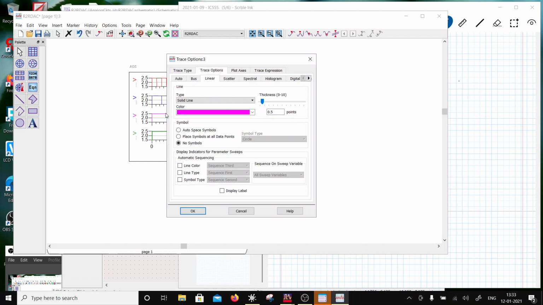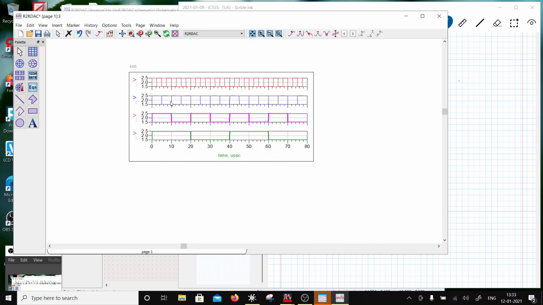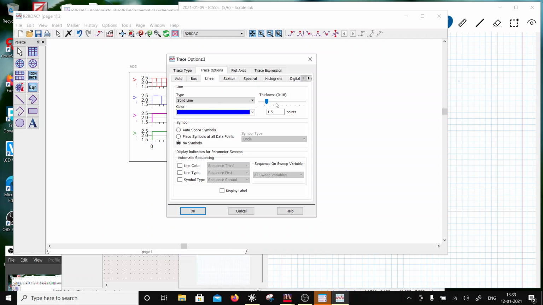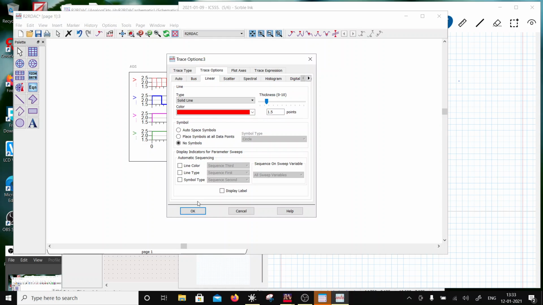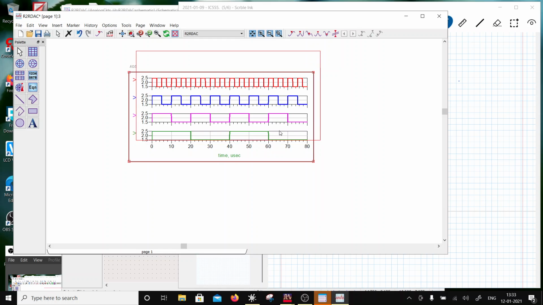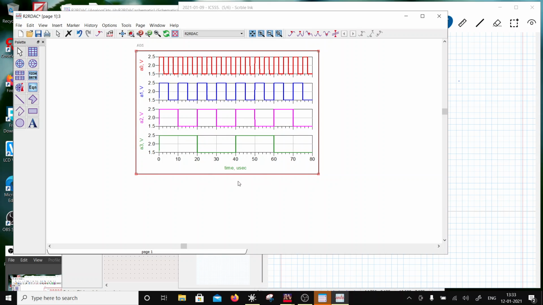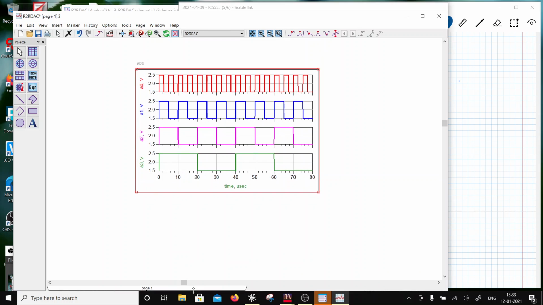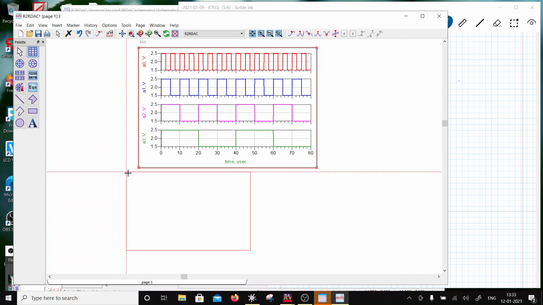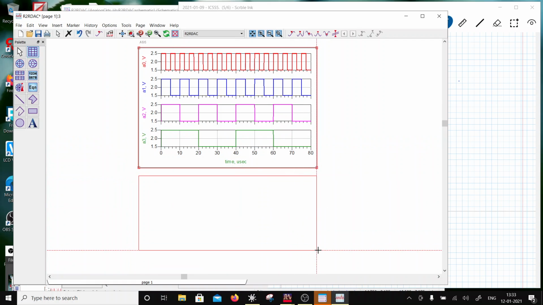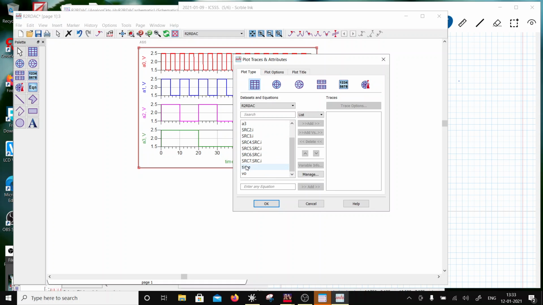So you see that I am running a counter here. Okay, so this is a counter which is running here, right? And I want to look at the output here. So I'm going to put here an output, which is going to be VO.